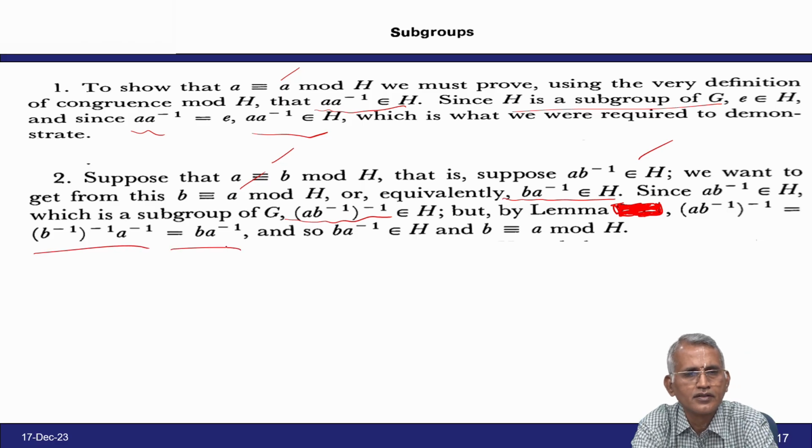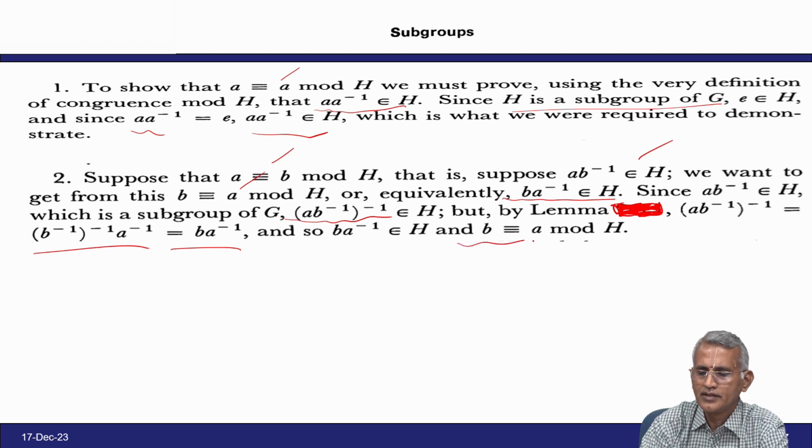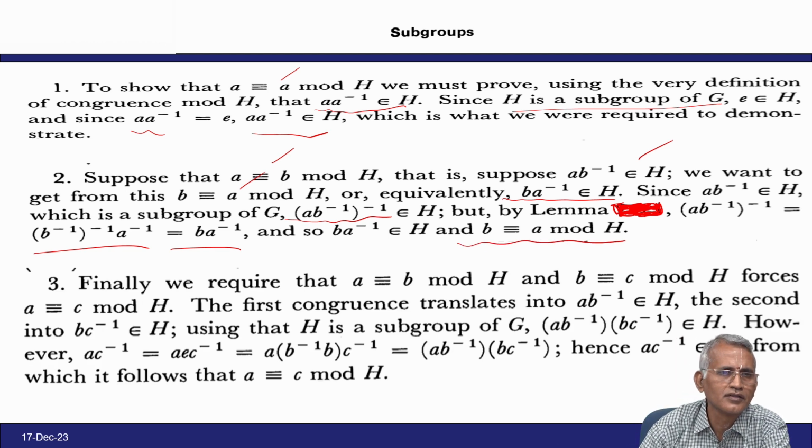So, b a inverse is in H, therefore b is congruent to a under modulo H.